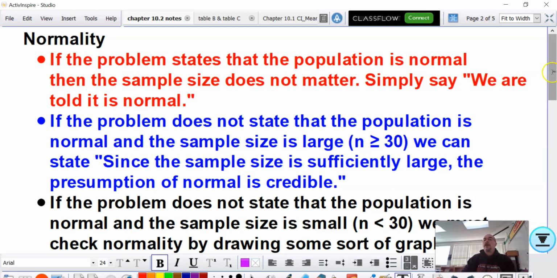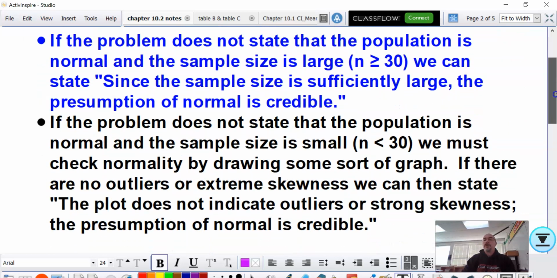If the problem does not state that the population is normal and the sample size is larger than 30. I think I said 25 earlier, let's stick with 30. But remember, that's going to change. That's one of those things that fluctuates. Right now it's 30, but when we run into a different situation, it's going to be a different sample size.